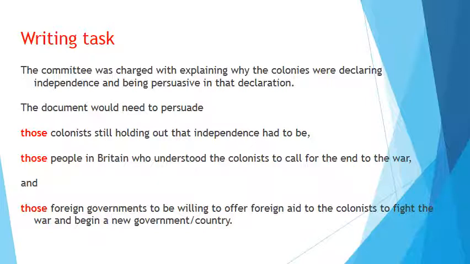Finally, they needed to persuade foreign governments like France and Spain that they could be a viable country on their own that was worthy of foreign aid. Think of foreign loans, money, troops, supplies, to help them fight the English and begin their new country.